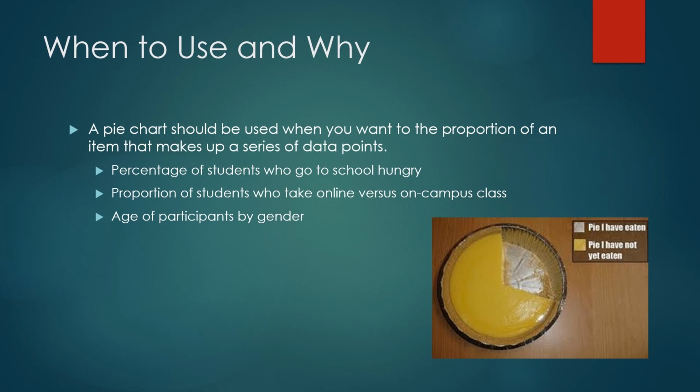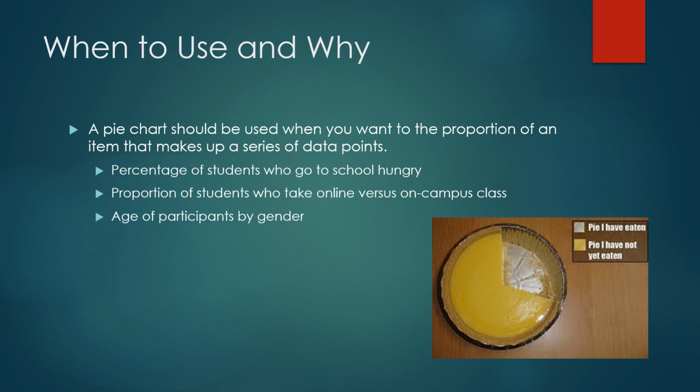A pie chart. A pie chart should be used when you want to see the proportion of the item that makes up the series of data points. So it's really great for things like budgeting and numbers, right? To see clearly what portion of your money is going towards food, what's going towards bills, what's going towards savings, what's going towards your car payment, what's going towards entertainment or travel, right?